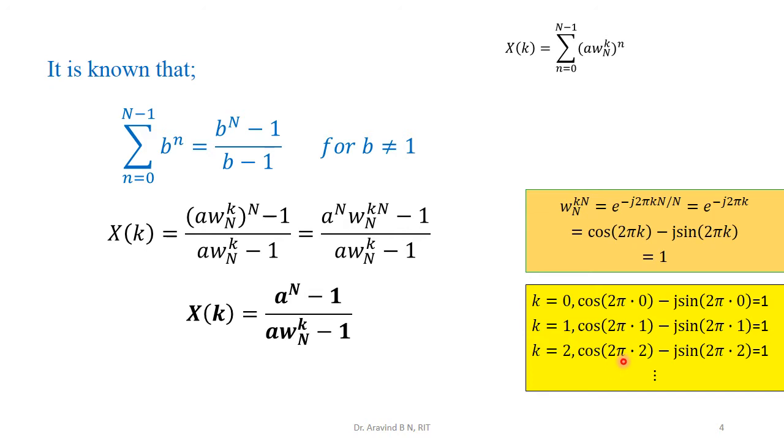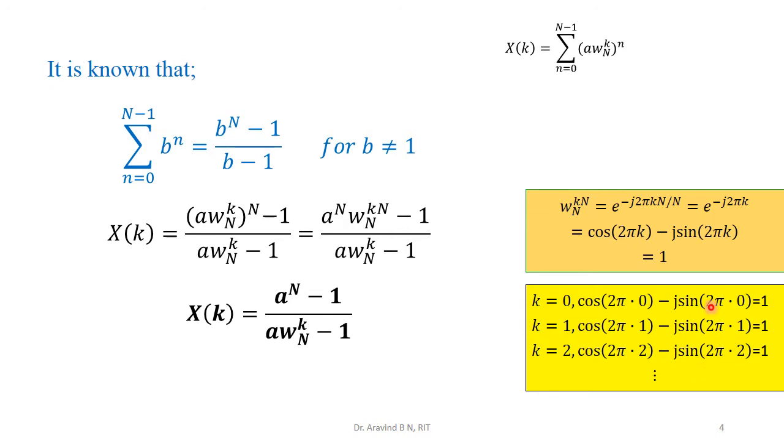Multiples of 2 pi in the sense it is equivalent to either 0 degrees or 360 degrees. So in all the cases it will become cos 0 minus j sin 0, or cos 360 minus j sin 360. So the cosine part will always take the value 1, the sine part will always take the value 0.